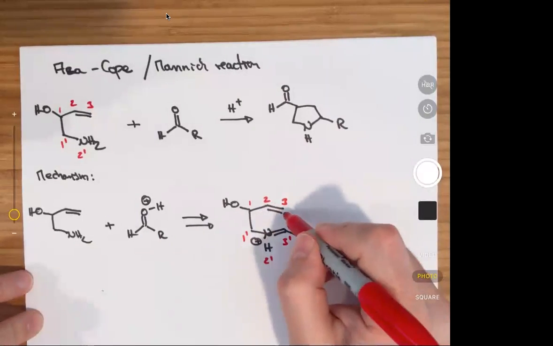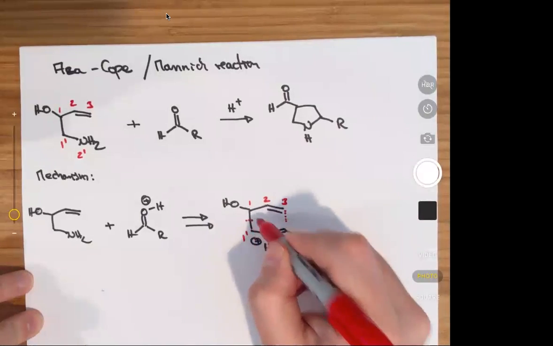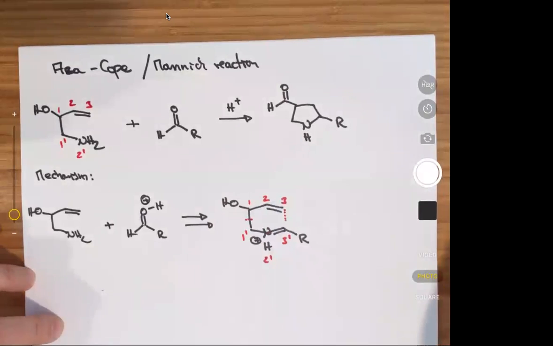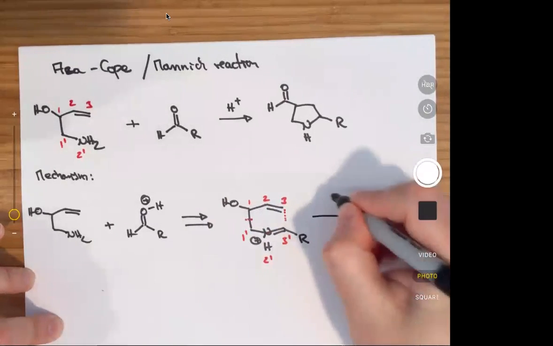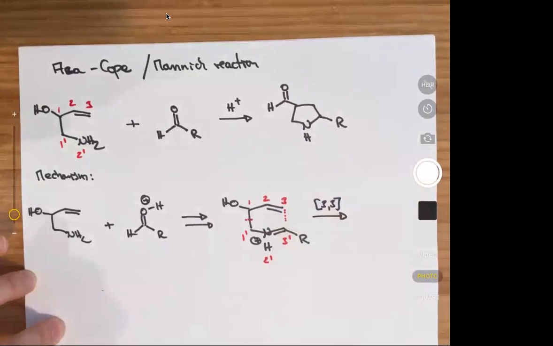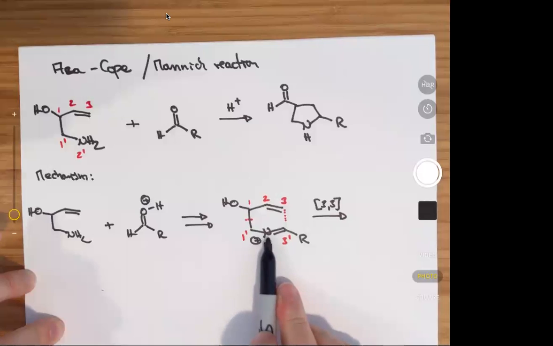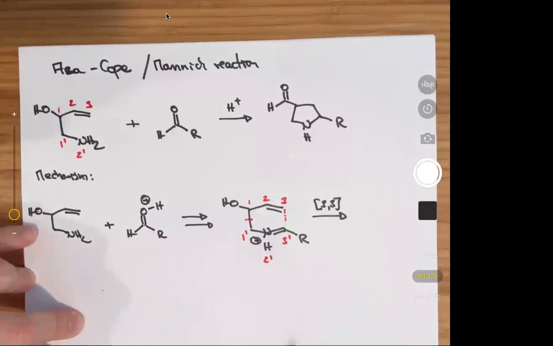So now we know that we can form this bond here, and we can break this bond here in the 3,3 sigmatropic rearrangement. So this is basically the classical 3,3 sigmatropic rearrangement, with the only difference that now you have a nitrogen atom here instead of a carbon atom, but mechanistically that's exactly the same thing.